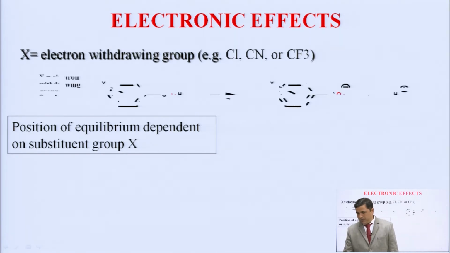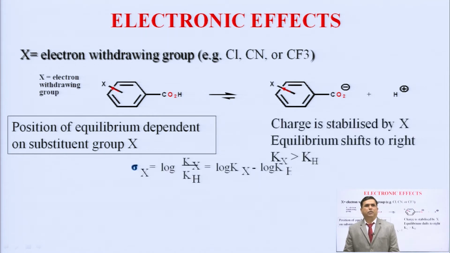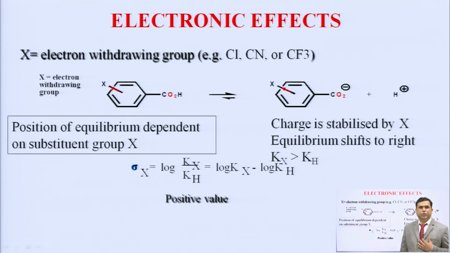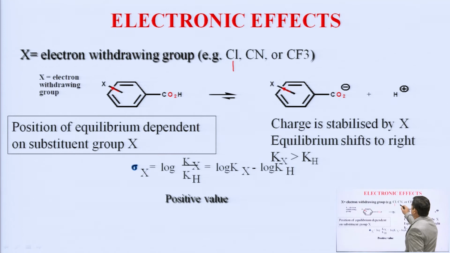So, with the help of this example we can observe the electronic effects of the substituted benzoic acid. The benzoic acid is substituted with an electron withdrawing group like chloro, CN or trifluoromethyl.